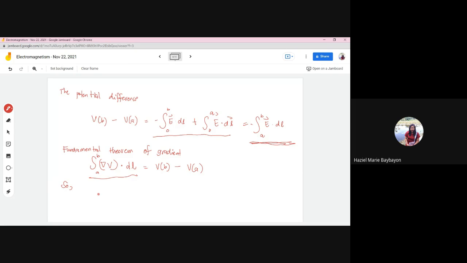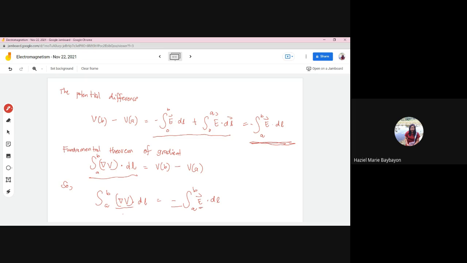So therefore, we can write that the integral of the gradient of V dot dl is equal to the negative integral of E dot dl. Since they have the same limits, then the integrands must be equal. Okay? So these two are equal, with the negative.